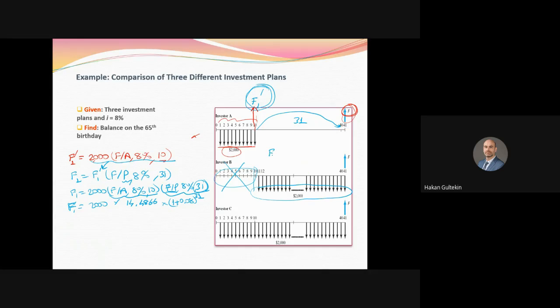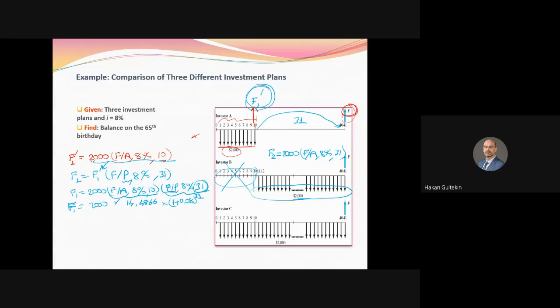And this F2 will be equal to this annual payment amount, which is 2000. You are trying to find F given A, interest rate is 8%, and these deposits continue for 31 years. That's all. Okay? This is how we find the second one.